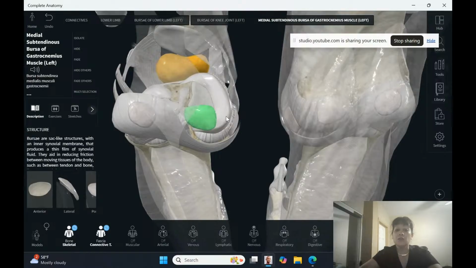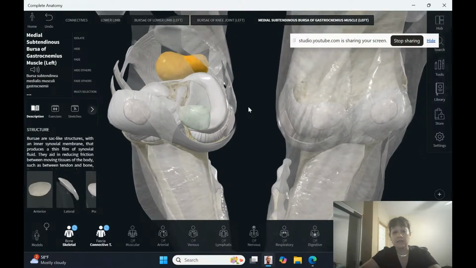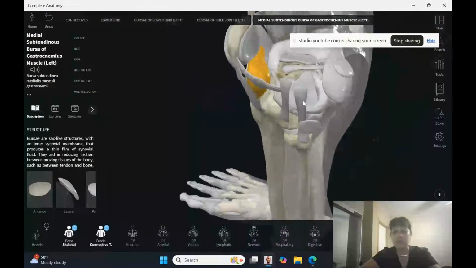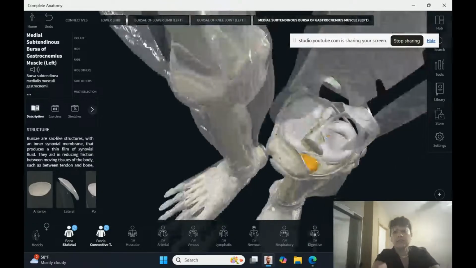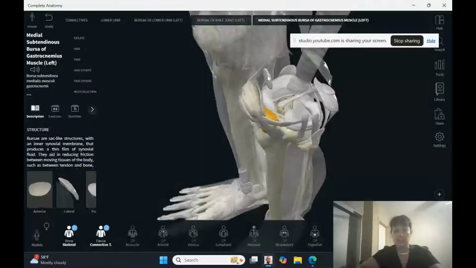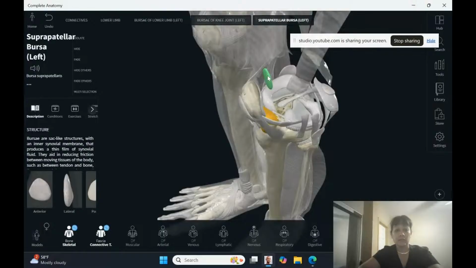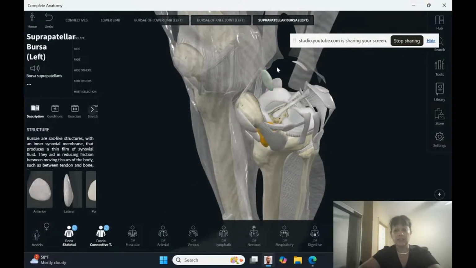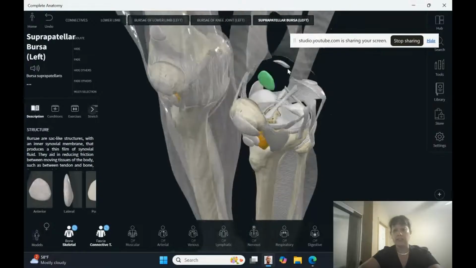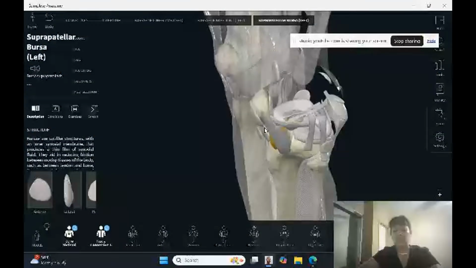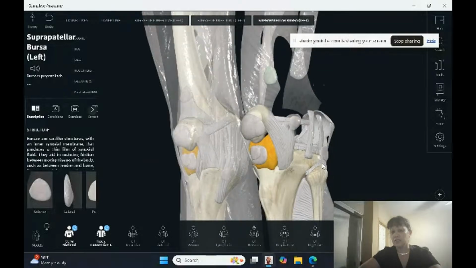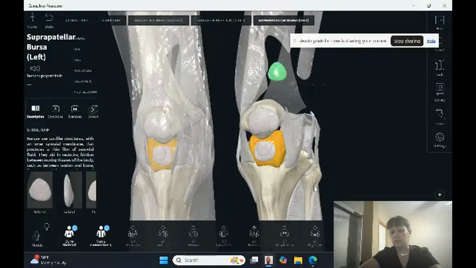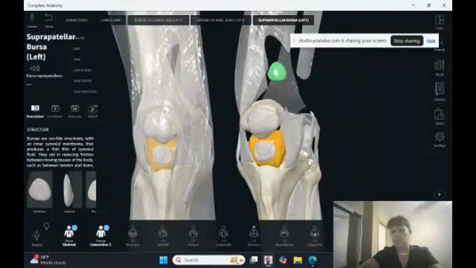Now, the quads do not really cross the knee because they're in the front and they're still attached to this right here. Okay, whenever that share screen is right there, it won't let me activate any. So that's the bursa under the knee, because the knee's supposed to move with the leg when you twist it. There is one head and it attaches to Gerdy's tubercle right by the fibula where the IT band attaches.